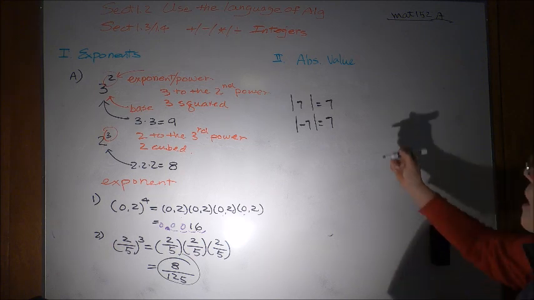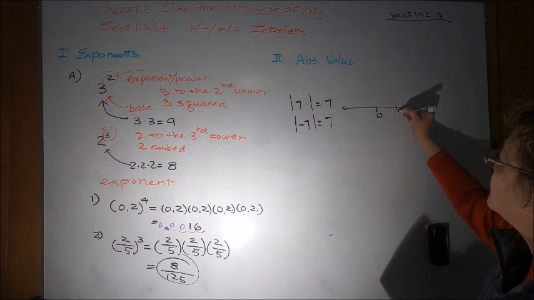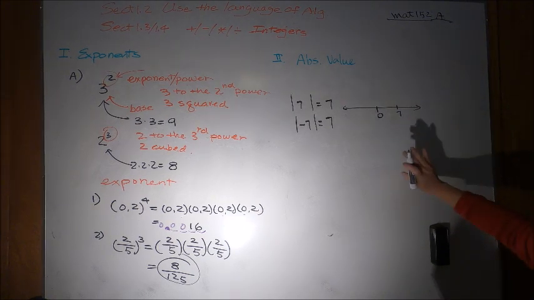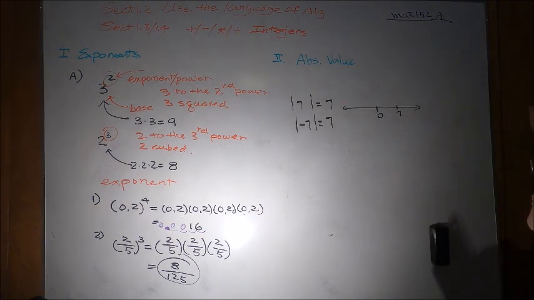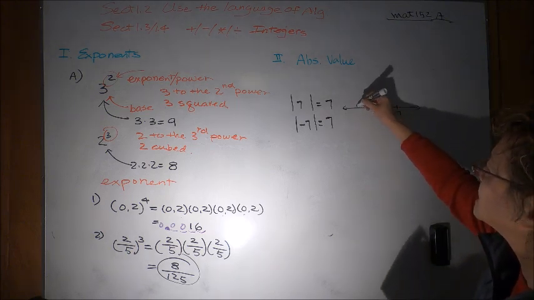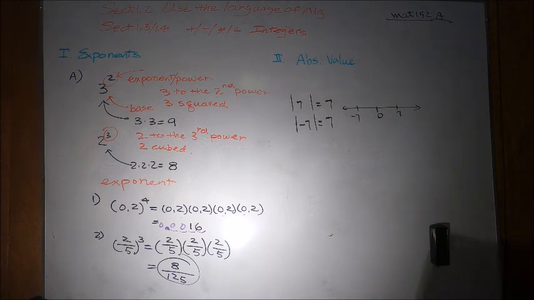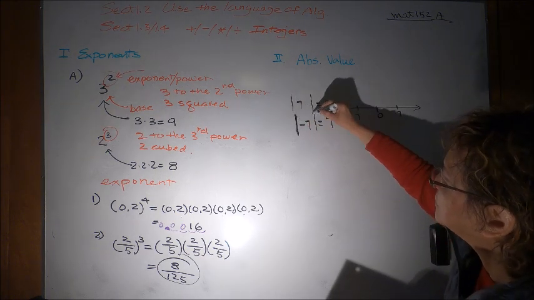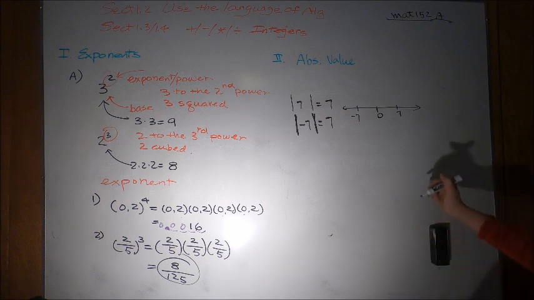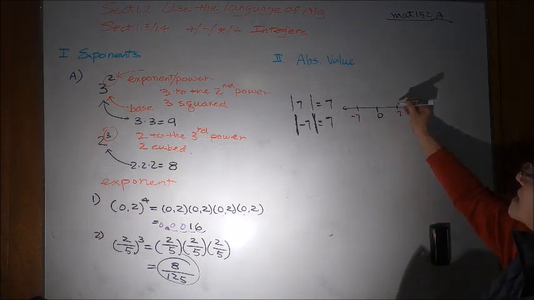So what are we talking about? If you have a line, this is a 0, 7 will be on the right-hand side. All the positive, 1, 2, 3, 4, you go right. And negative, you go left. Negative 1, negative 2, all the way, right? So the 2 bars mean the distance between the number and the 0.